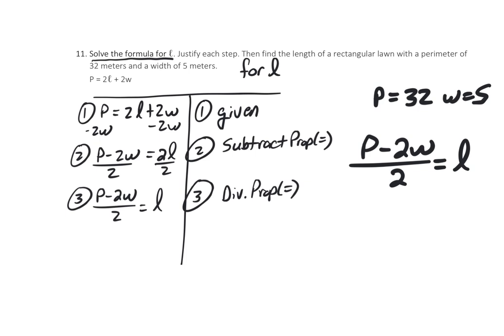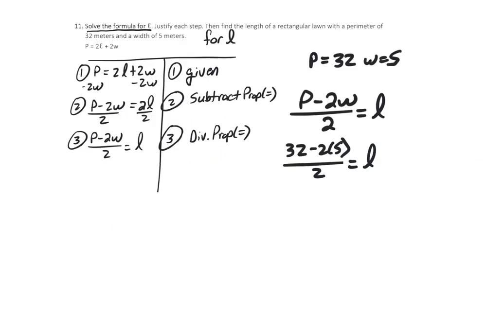That's why we did this step here first, because now I have L all by itself, right? And I can solve for L. If I know P and I know W, I can find L. So we're going to plug 32 in for P, 5 in for W. 32 minus 2 times 5 over 2 equals L.